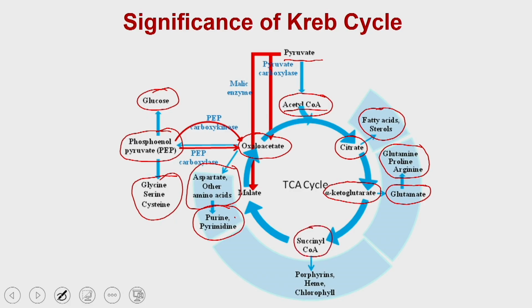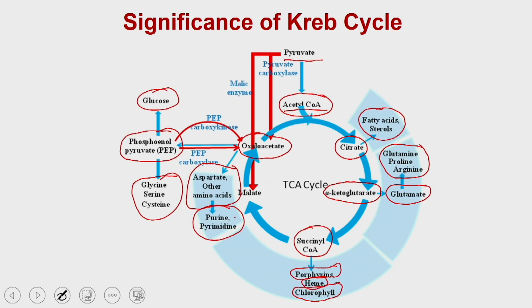And what you can see also is succinyl CoA. Succinyl CoA is another intermediate present in the Krebs cycle, and it can be a precursor for the synthesis of chlorophyll, heme as well as porphyrins. So, different types of iron containing proteins, which are the heme bound proteins, could be synthesized using succinyl CoA.